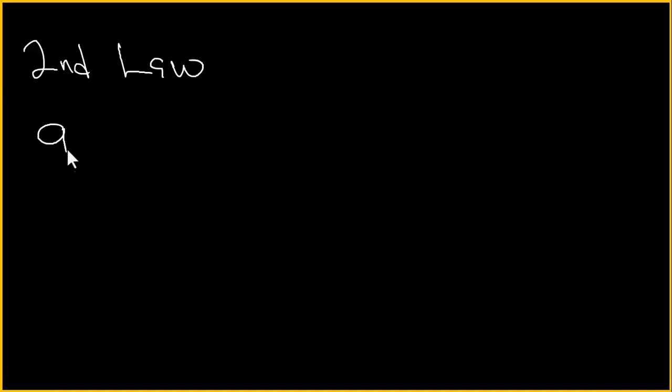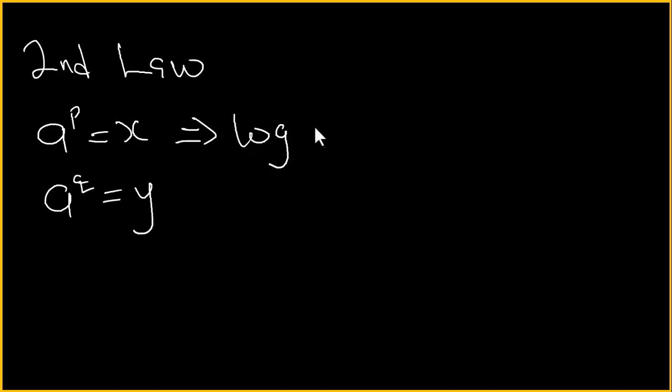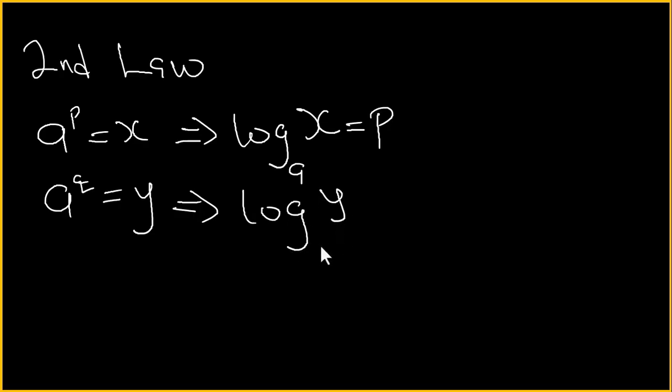So writing this in a logarithmic form, now we would be getting log of the result x to the base a equals p. And doing same for the second one, log y base a equals q.